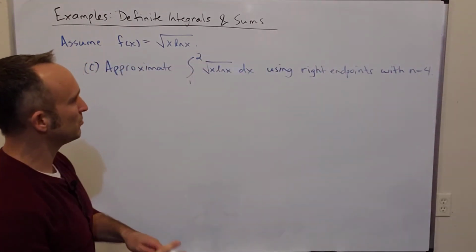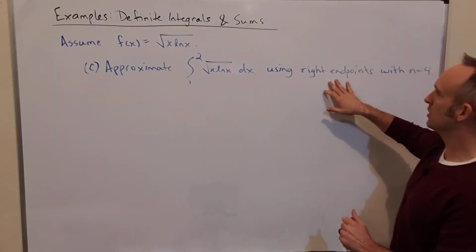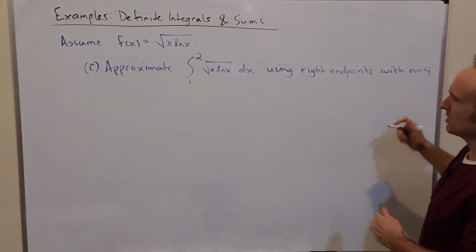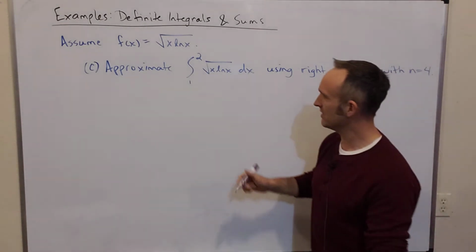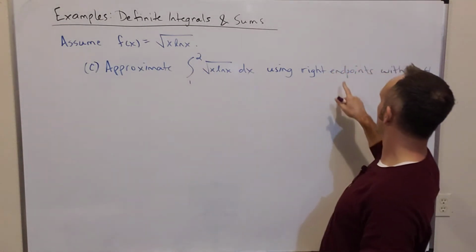What I mean here is use rectangles to approximate the value of this definite integral. We need to find the area under this curve using rectangles from 1 to 2 with right endpoints.